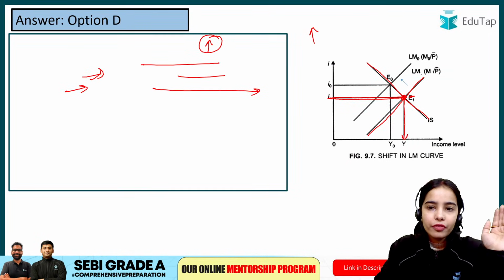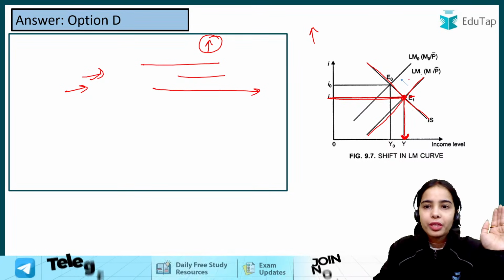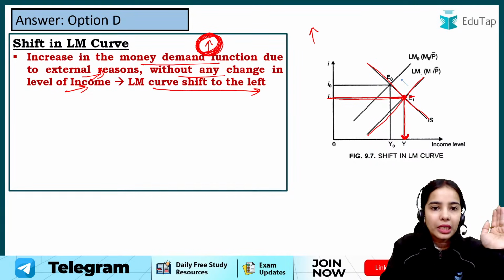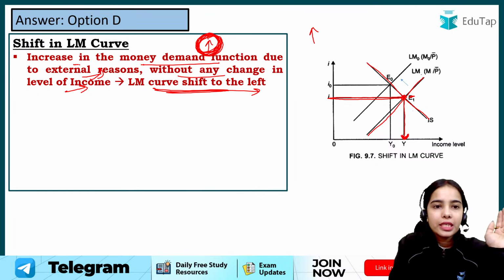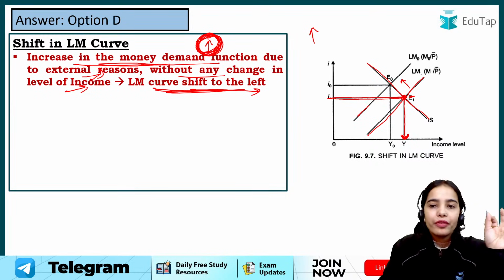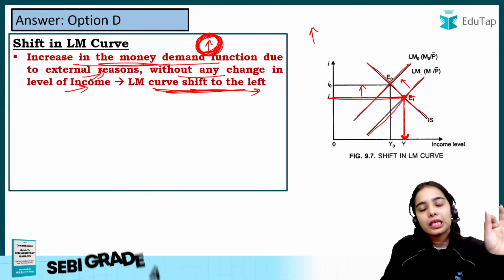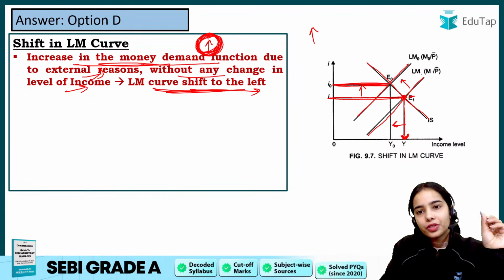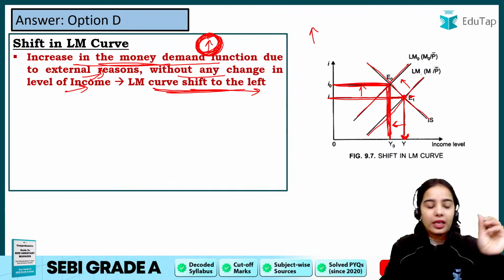Because of external factors, at the same level of income, the demand for money increased. With the increase in demand for money, the LM curve shifts left. With the leftward shift in the LM curve, there is an increase in the interest rate and a decrease in the level of income. This is the idea.